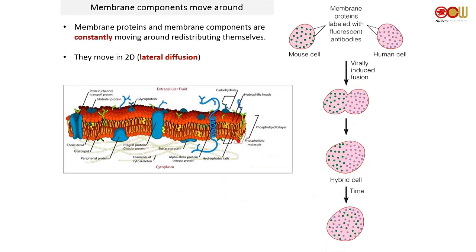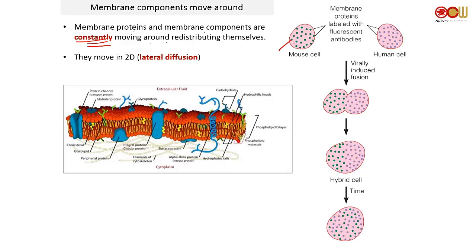Now, one of the things that we want to know is, how do you know it's a fluid model? It's actually quite simple. What you can do is tag a protein. Membrane proteins and membrane components are constantly moving around and redistributing themselves.